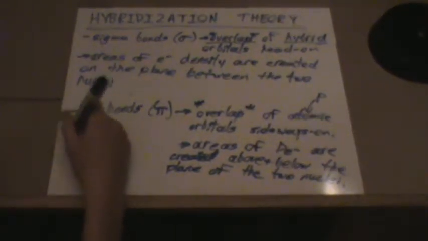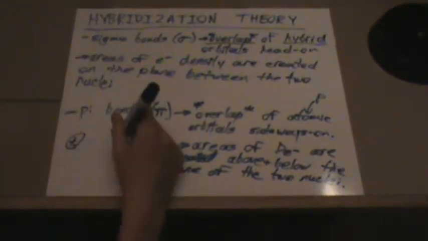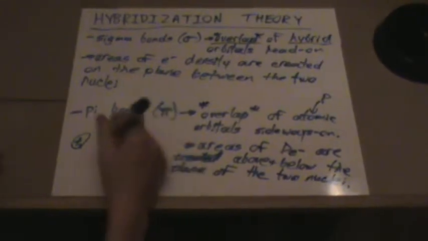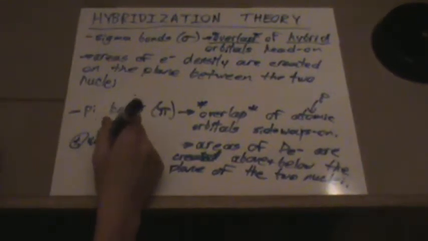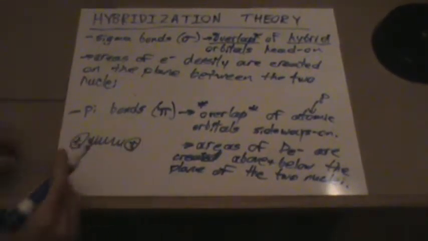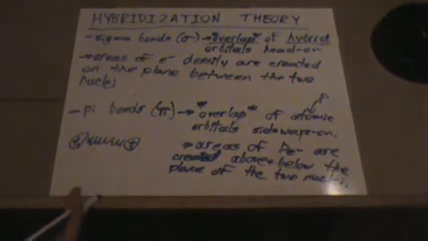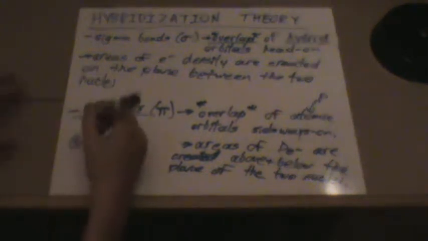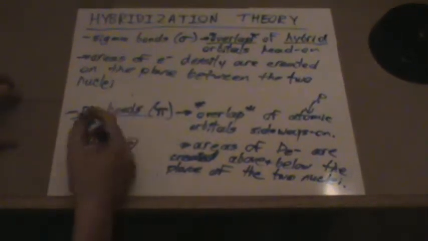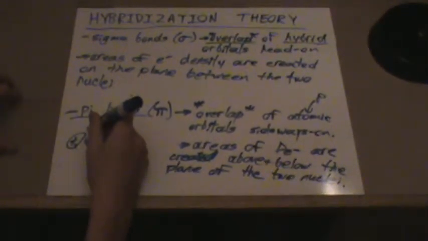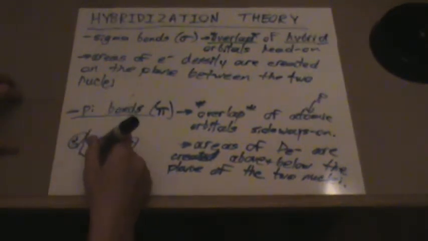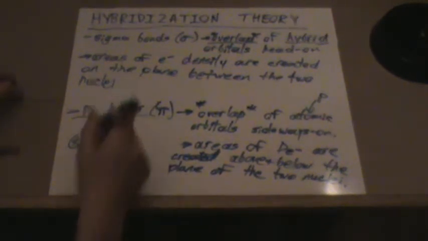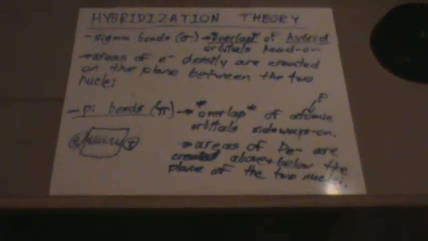If we have this plane with the nitrogen nuclei, right in the middle of the plane, the electron density where the electrons are in this pi molecular orbital is above and below the plane. And this is super significant because it affects the elements that bond with it.